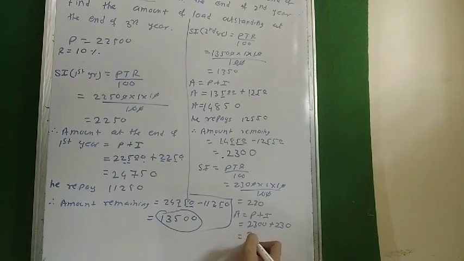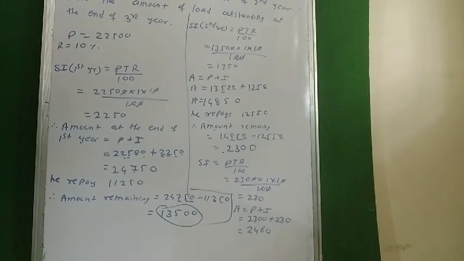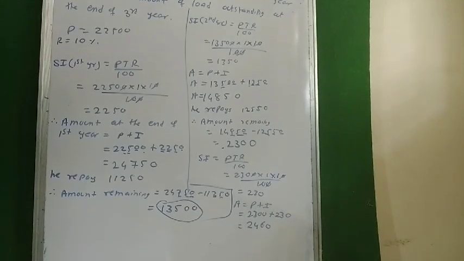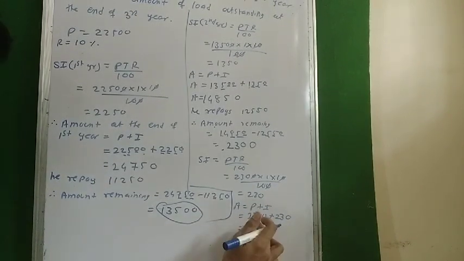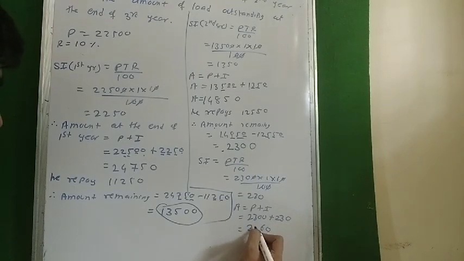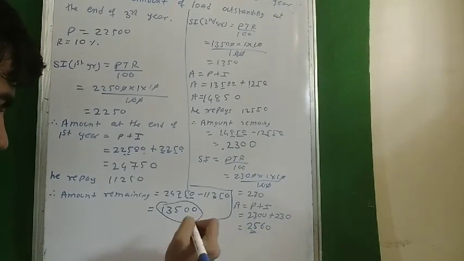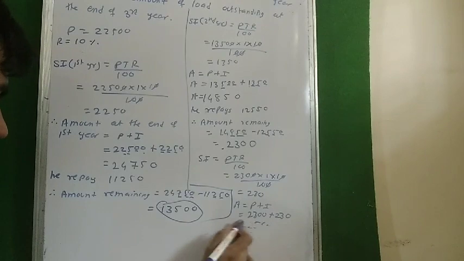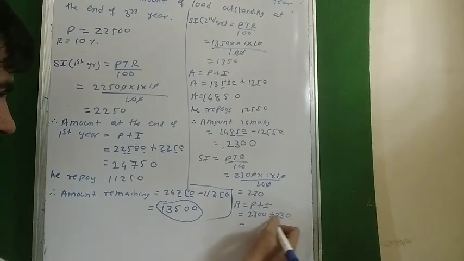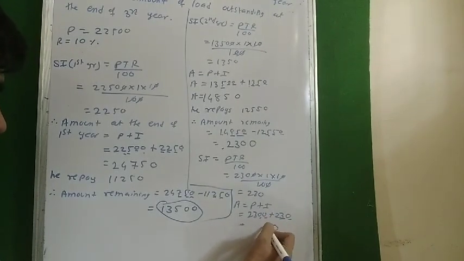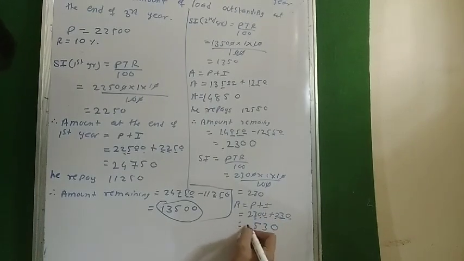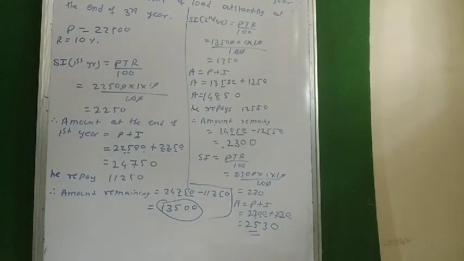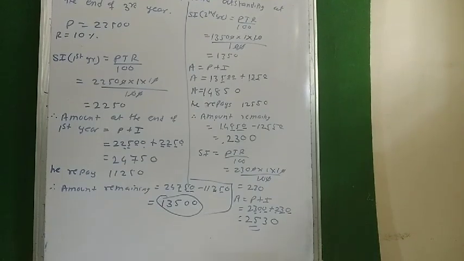When I add it, 0 plus 0 it is 0, 3 plus 0 it is 3, 3 plus 2 it is 5, and we have 2. So 2530 is the amount outstanding after third year.